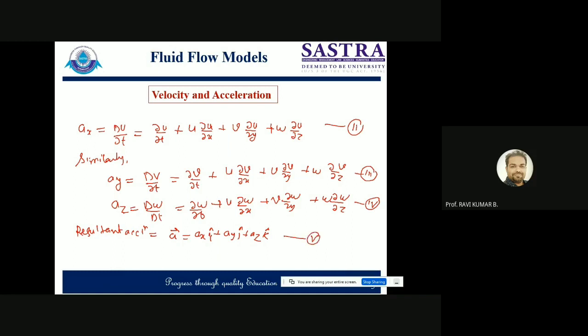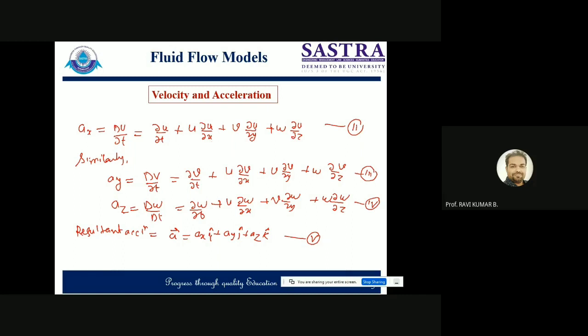Now look at these terms that we are getting in all of these three. The first term is the change in velocity with respect to time. Second, here what is happening? You are getting one velocity component, and the velocity change with respect to space. This is a space coordinate.